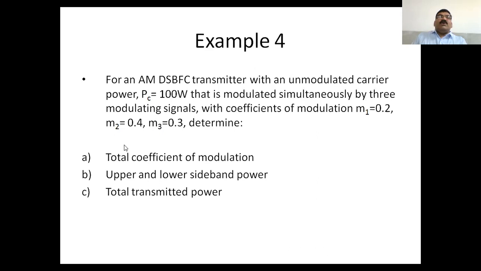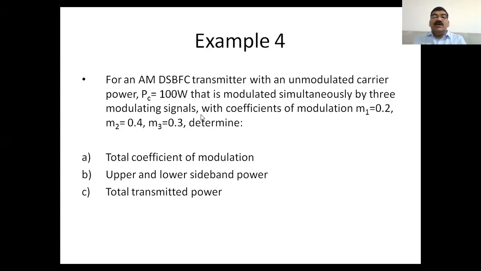Okay, what is this problem? For an amplitude modulated double sideband full carrier transmitter with an unmodulated carrier power, that is PC, of 100 watt. So this carrier power is given, that is 100 watt. It is modulated simultaneously by 3 modulating signals.